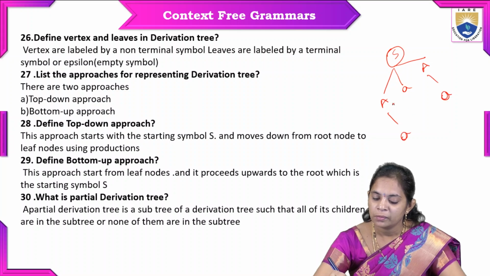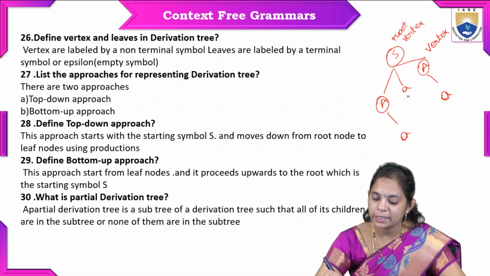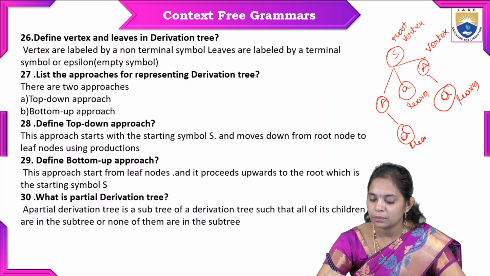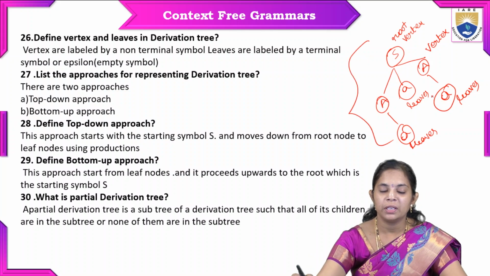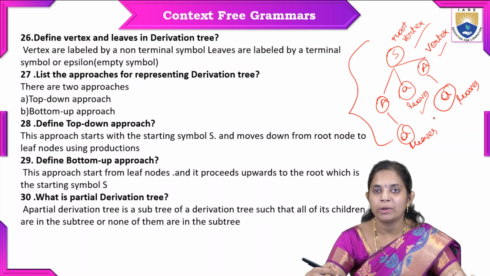This is the root vertex, and these are the vertices, and these are the leaves. So these are the things we need to observe for the derivation tree: the root vertex, the vertices, and the leaf nodes or leaves in the derivation tree.